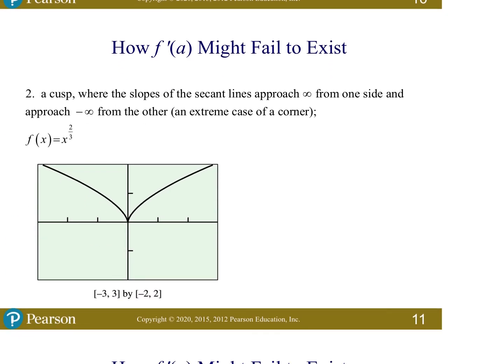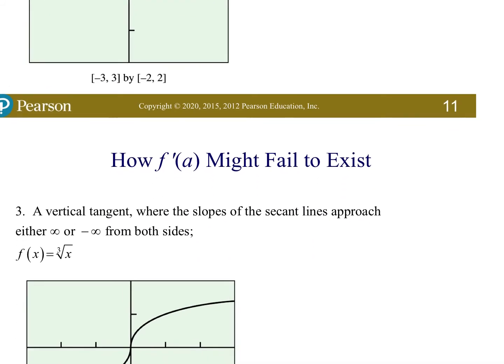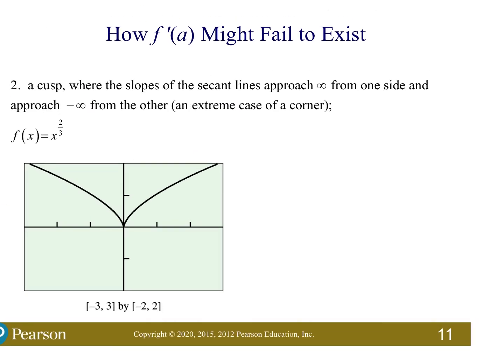Okay, here's another example of a cusp. This is a sample of one: x to the 2/3 is the function. We'll do all our work here again. We'll check our continuity.